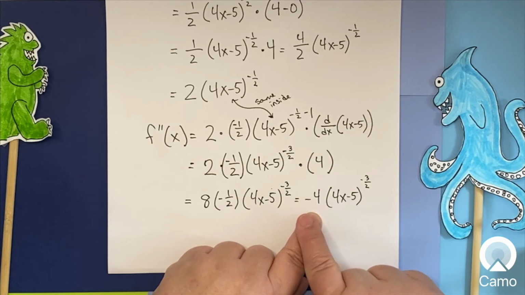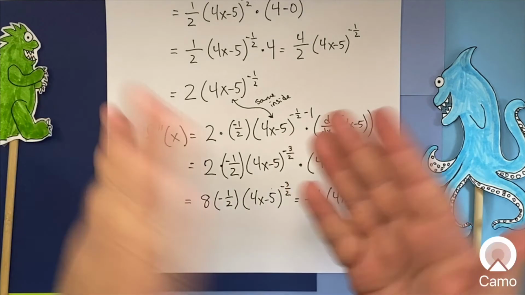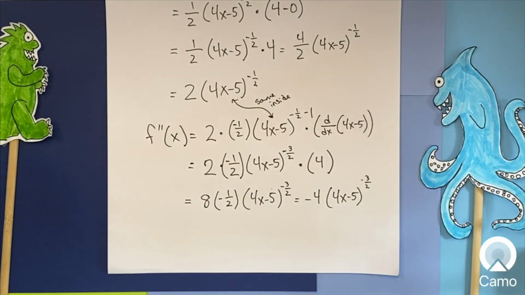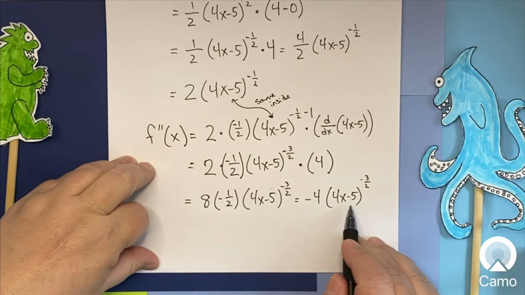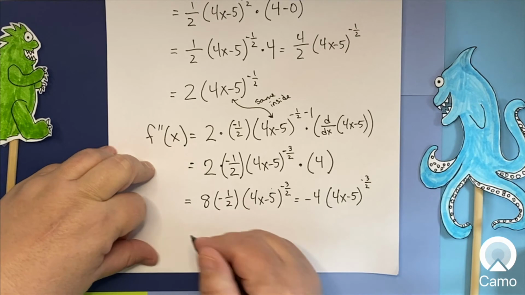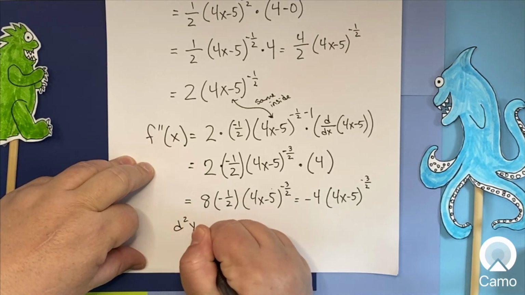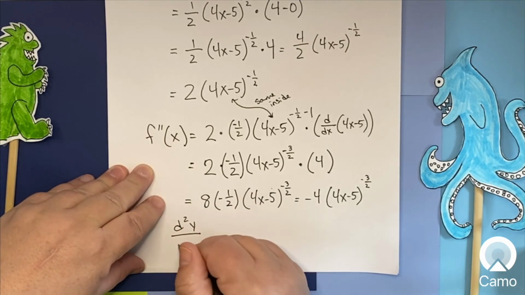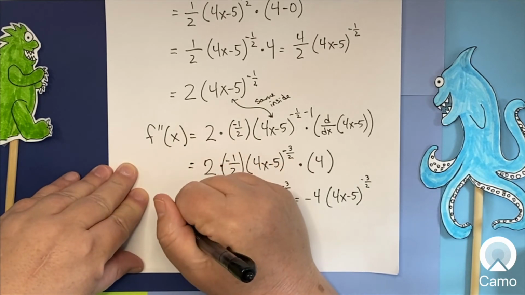Now, this is technically the correct answer, but again, I'm going to try to write it in the correct format. So it asked for d squared y over dx squared, which is exactly equal to this. Same meaning, different symbolism. I should say, it does refer to slightly different things.